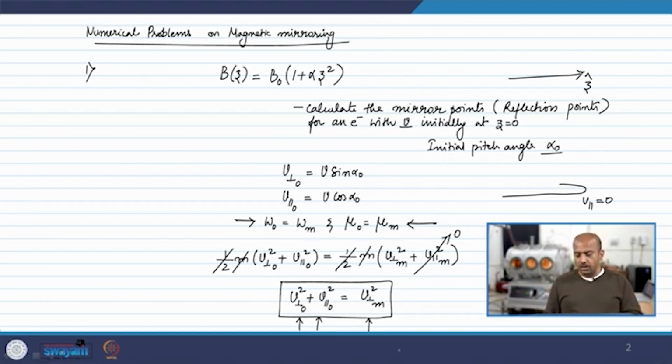This is using the conservation of energy. Let us also use the conservation of magnetic moment. Mu naught is equal to mu m. The initial magnetic moment is equal to the magnetic moment at the mirroring point.